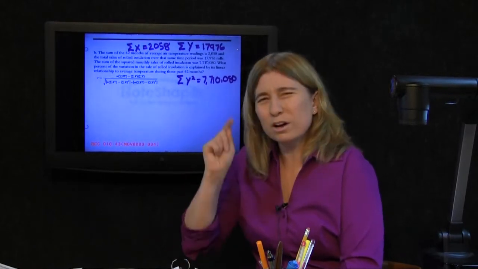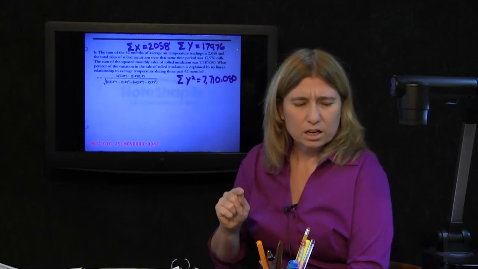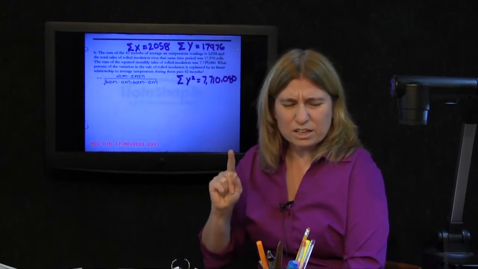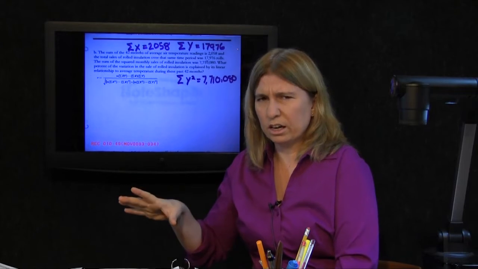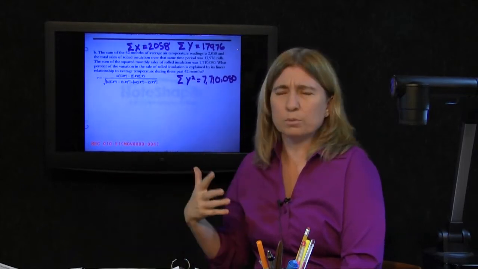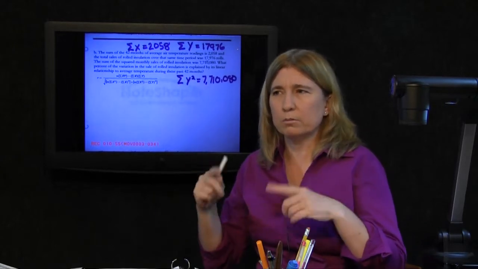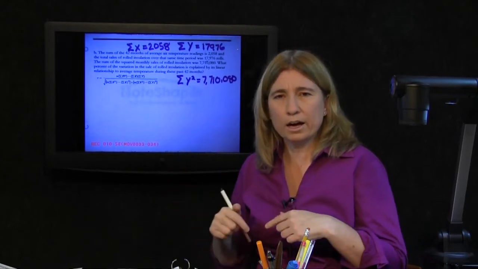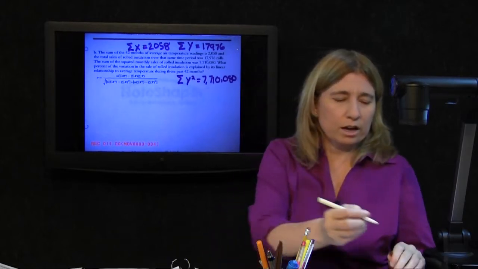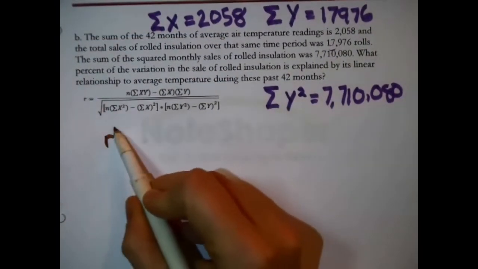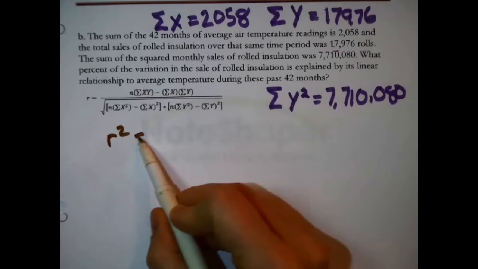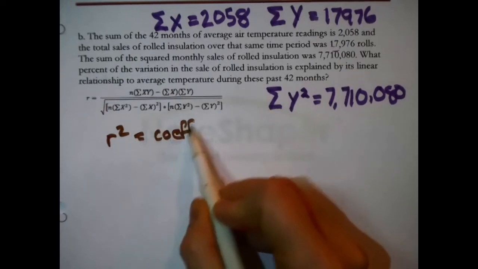But wait a minute, what is that question asking? It says, what percent of the variation in the data is actually explained by that expression that we came up with in the first part, the 508 minus 1.63 times x. That is known as r squared, or the coefficient of determination.